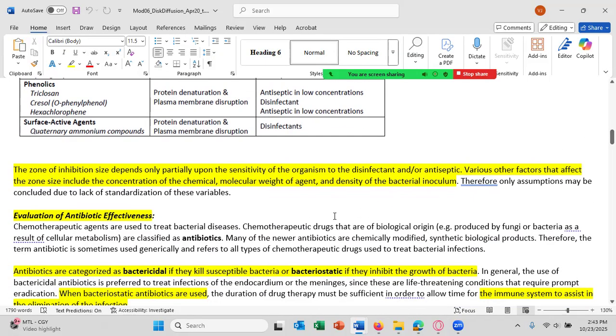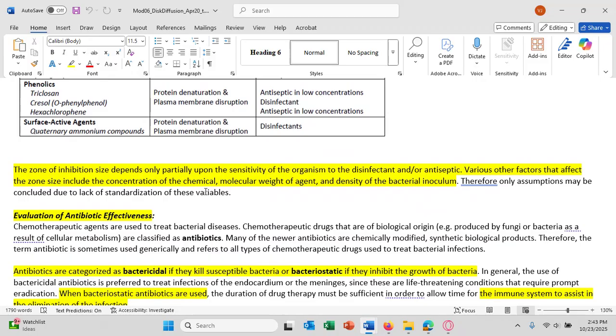All right, the zone of inhibition size around the disc on a plate depends only partially upon the sensitivity of the organism to the disinfectant or the antiseptic. Various other factors affect the zone size, including the concentration of the chemical. If there's more chemical present, you generally will have a larger zone of inhibition.